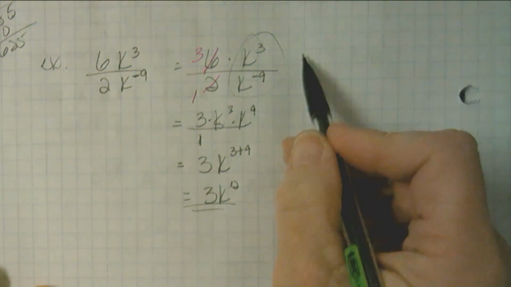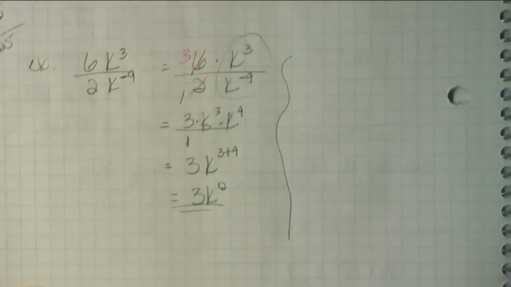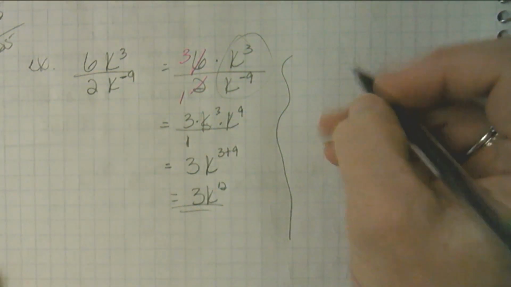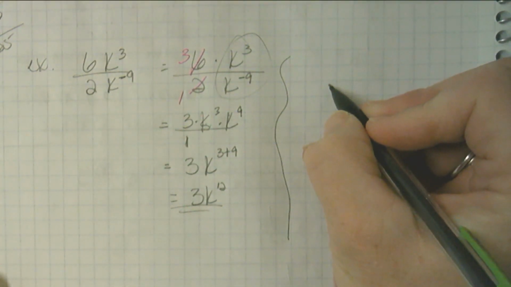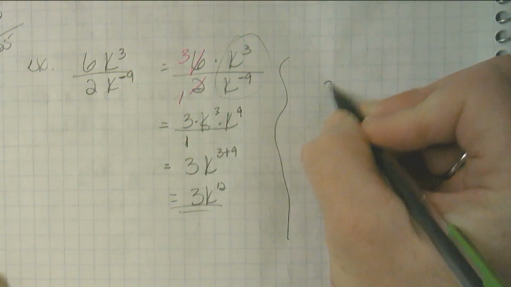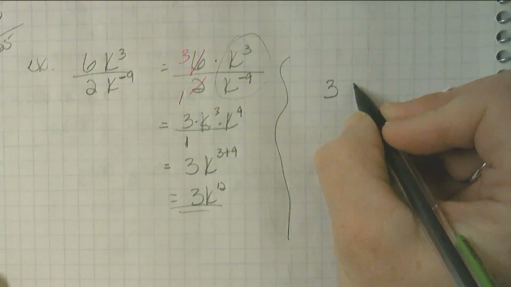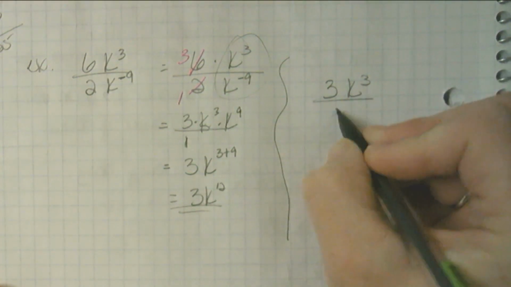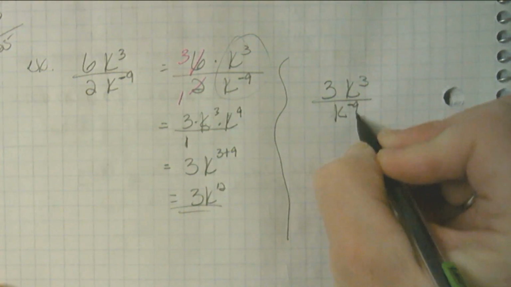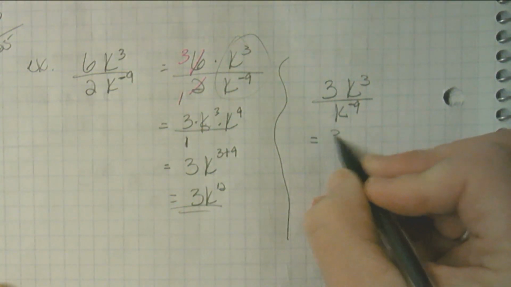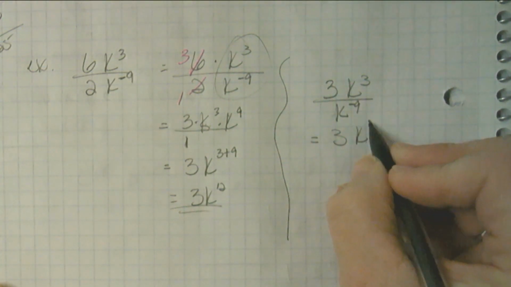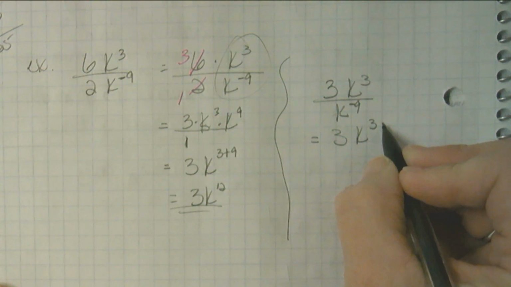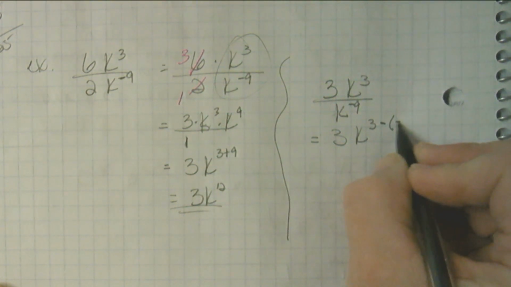Who did not use the negative power rule here? Who did something different? Molly? Okay, so it's not 3 plus 9, it's 3 minus a negative 9.